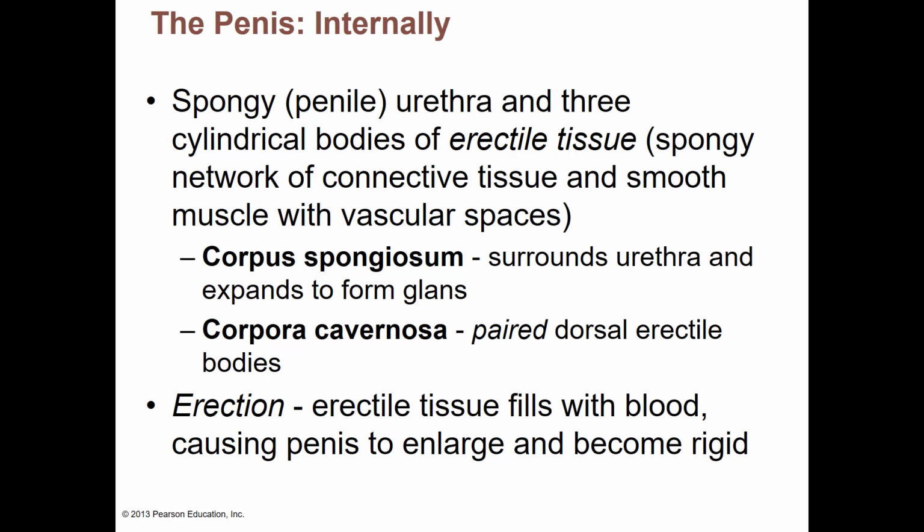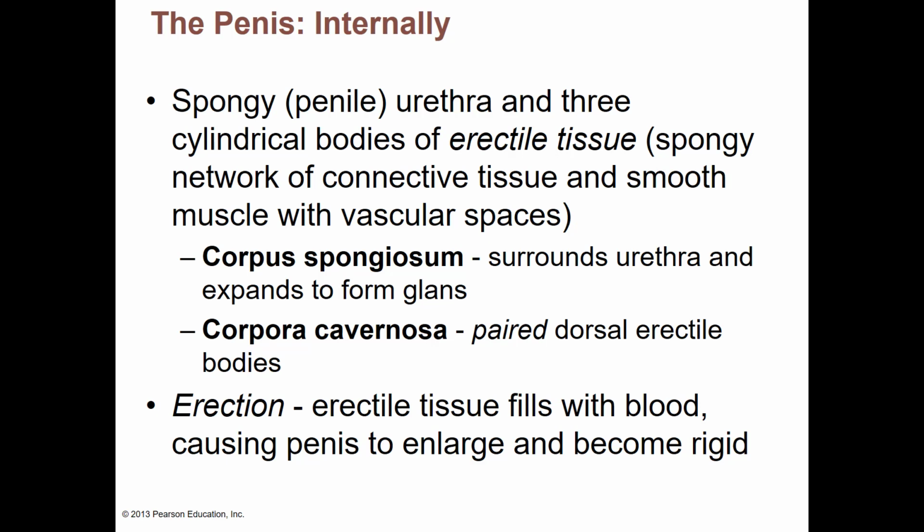Because there's 3 cylindrical bodies, 2 are the same. You have a corpus spongiosum. It looks very much like a sponge-like tissue, and it's the tissue that surrounds the urethra, and it's also the tissue that expands to form that expanded glans penis at the end of the penis. You also have the corpora cavernosum. That's a paired erectile tissue body.